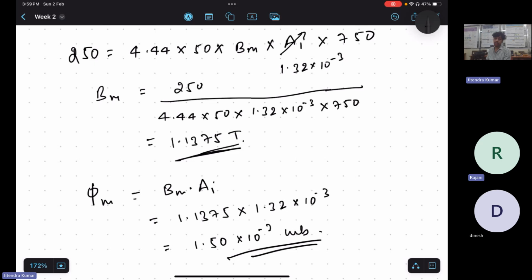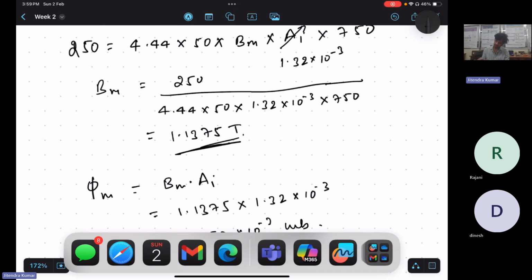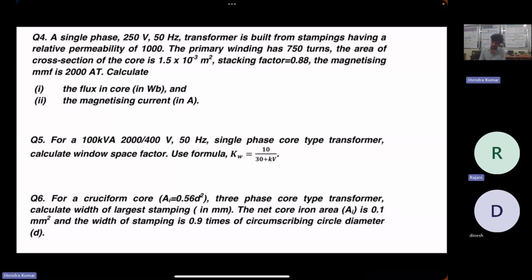Now we need to calculate magnetizing current. So we are given the magnetizing MMF, isn't it? The magnetizing MMF is given and magnetizing current has been asked. So we can directly relate it with number of turns.